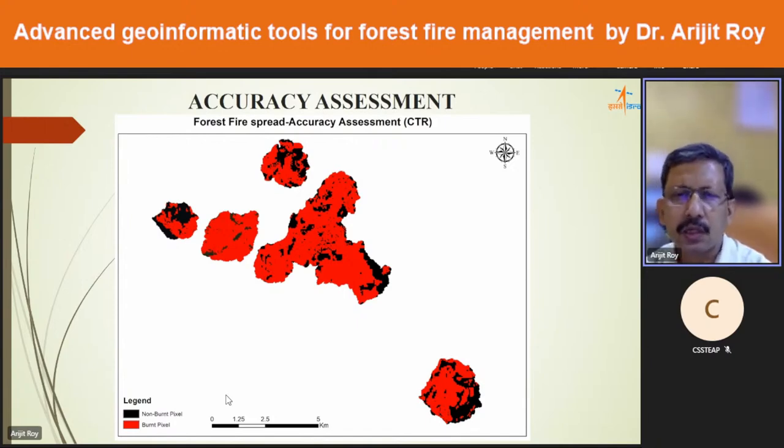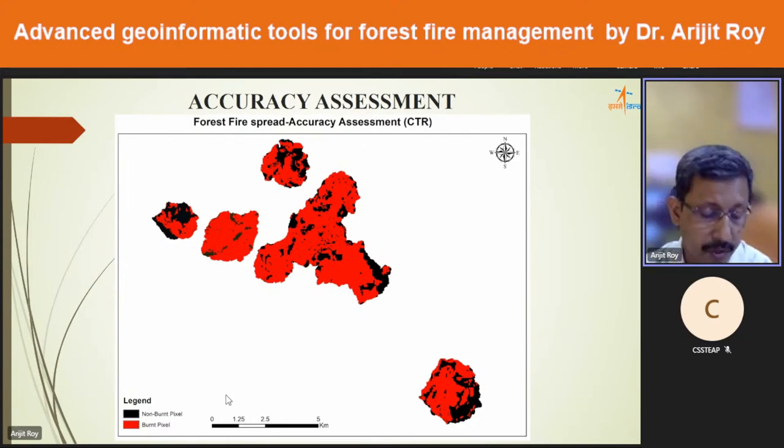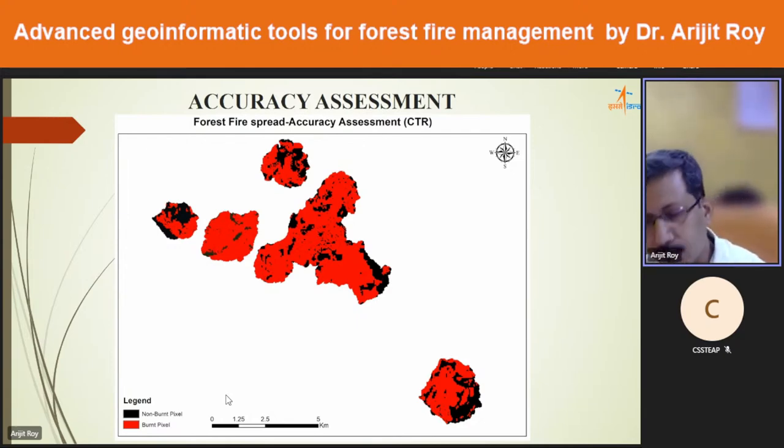So you can see it is able to simulate the spatio-temporal spread of the fire in that particular region. And this information is very critical for the management, because then they will be able to inform the ground people about the direction of the fire spread, as well as the direction from where they will be most effective in preventing the spread of fire.